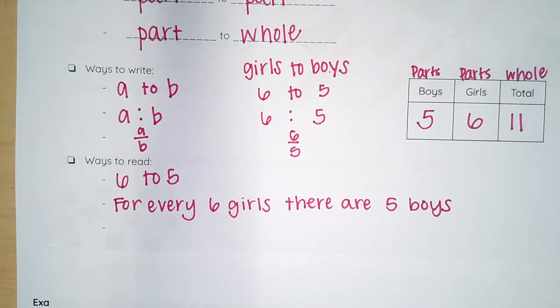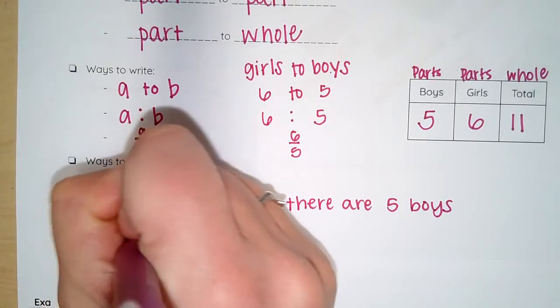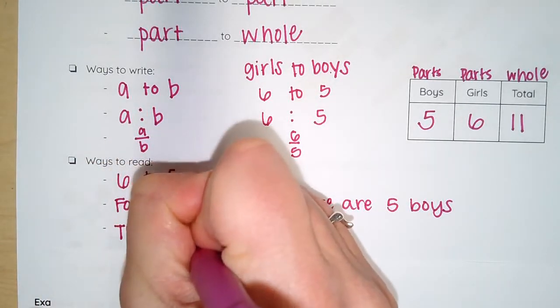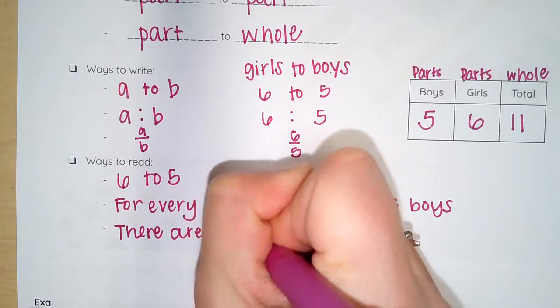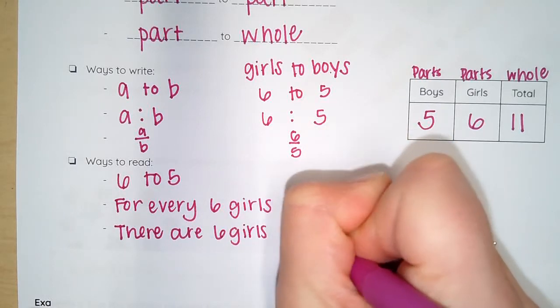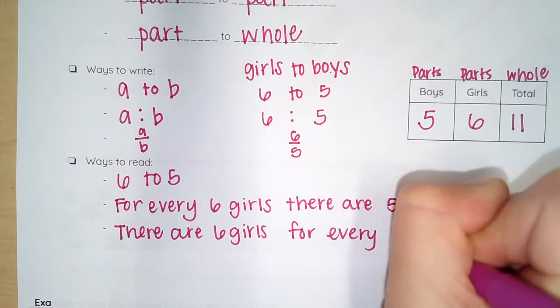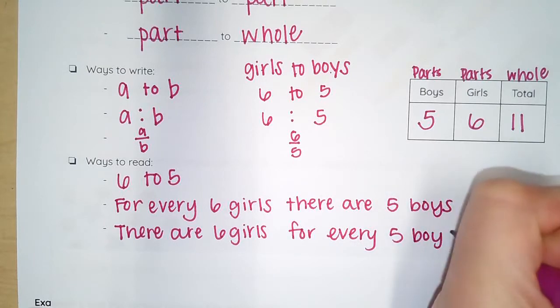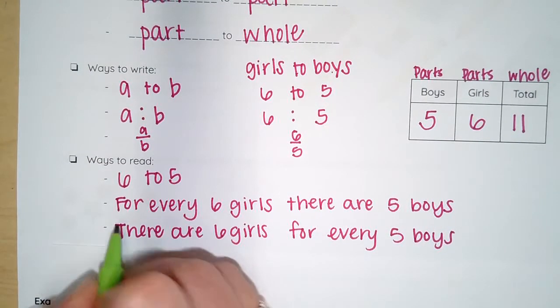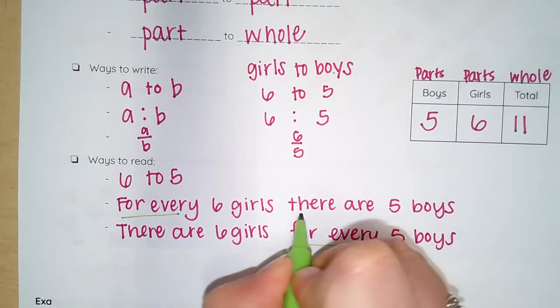Or we can flip that and say there are 6 girls for every 5 boys.